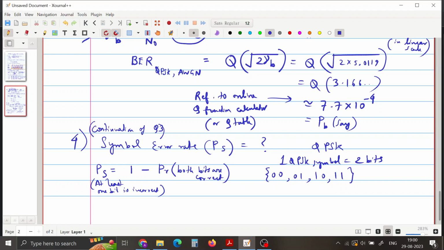You agree with this or not? I have my ideal situation where both bits are correctly transmitted, there is no error. And if that doesn't happen, all the complementary cases, so at least one error or both errors, will govern my symbol error rate, PS. So that's why I wrote 1 minus this probability. Ask me if you have any queries with this.